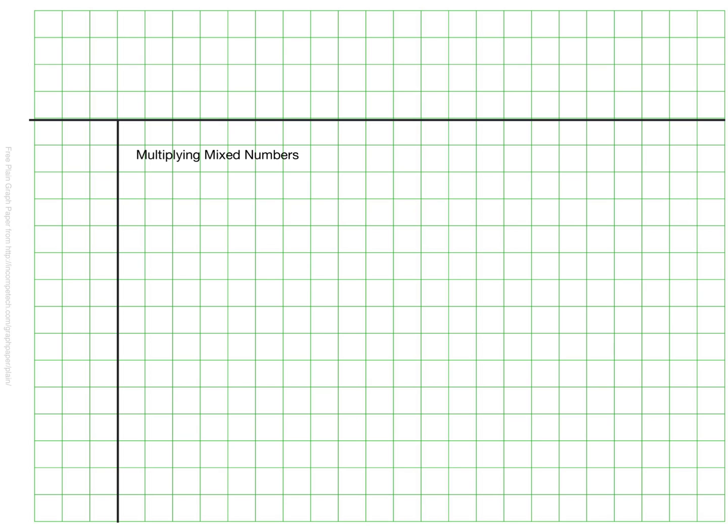The algorithm for multiplying mixed numbers is actually very much similar to the algorithm we've used just for multiplying fractions, with one extra step. And that extra step comes at the beginning. Any mixed numbers that we have, we actually want to convert them first into improper fractions. We want to get rid of that mixed part altogether.